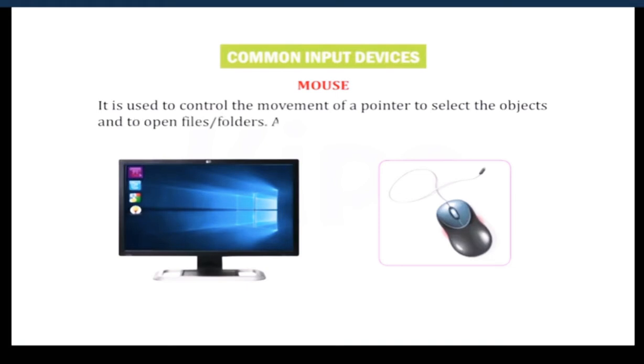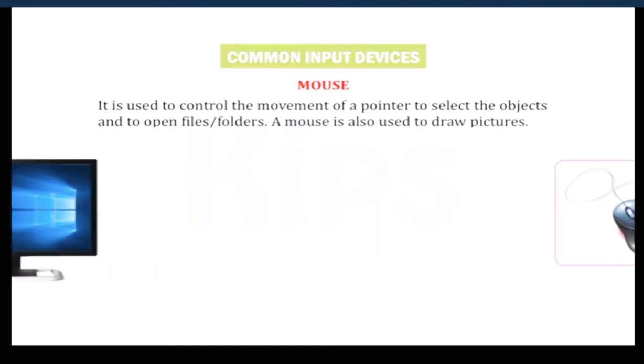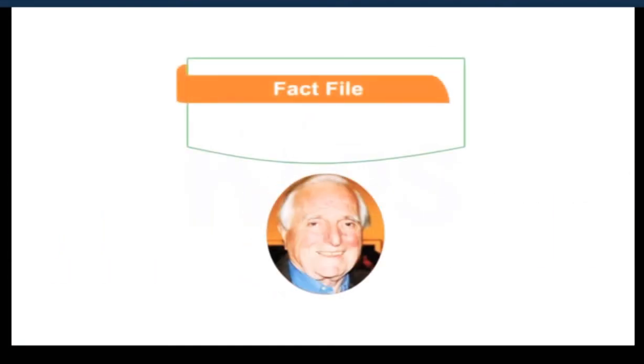A mouse is also used to draw pictures. Students, who is he? He is Dr. Engelbart, the inventor of the computer mouse. Let's know more about the mouse. A Magic Mouse is a multi-touch mouse which was designed in 2009.